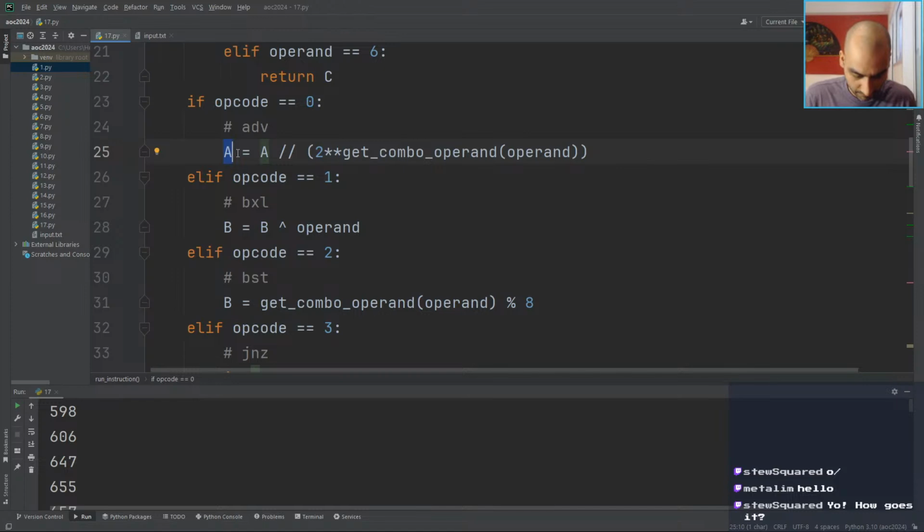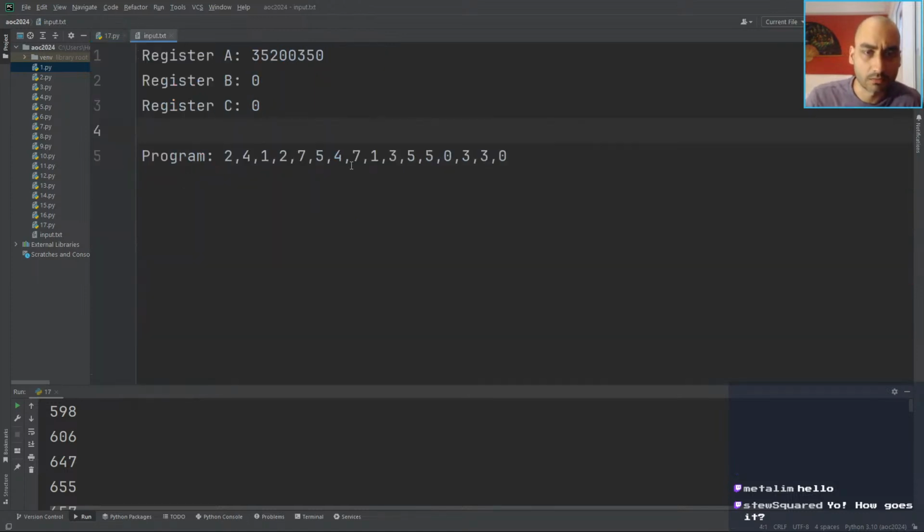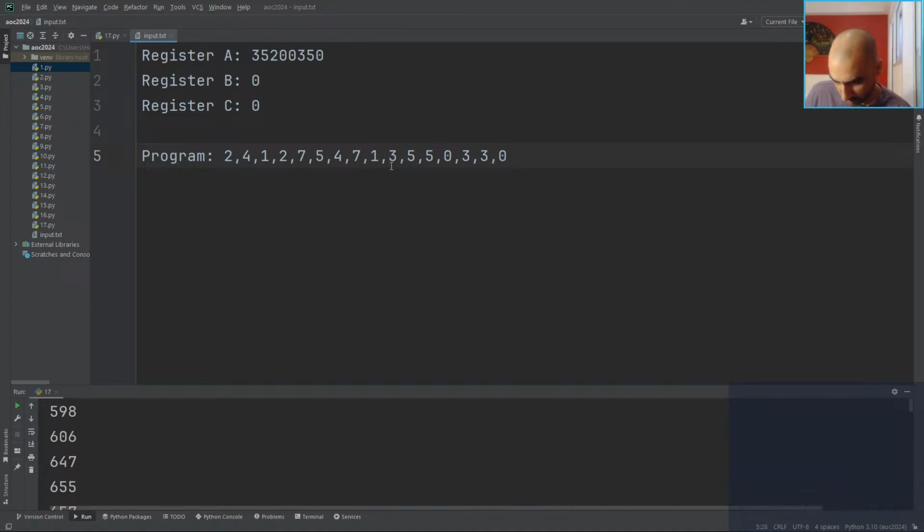It's going to be roughly... A has to be something like 8 to the power of 16 or something. Well, hang on. Let me just write this down. So, if A was 8 to the power of 16, we would output 1, output 1, output 1, blah, blah, blah. Then it would drop to 8, and then we would output 1, and then it would drop to 1, and then we output 1 more.